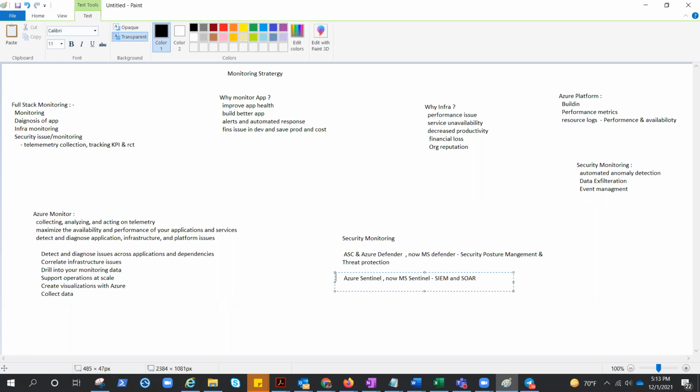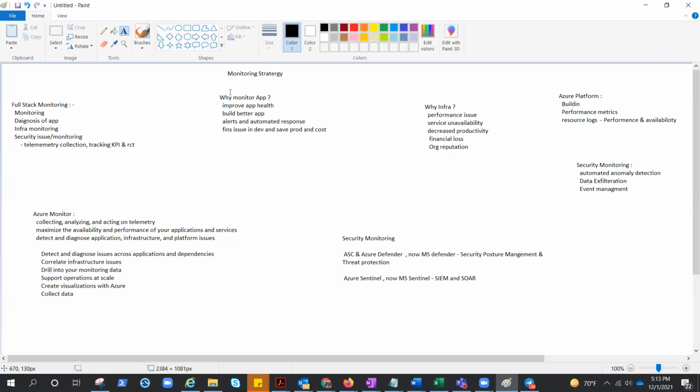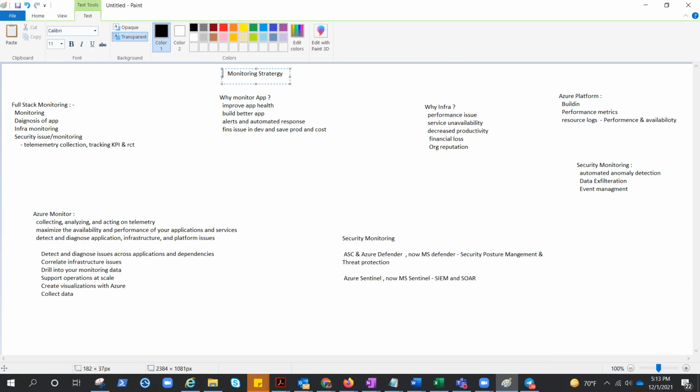Well, that's all about monitoring strategy, but this is not all, to be honest. We'll be creating a few videos on the monitoring strategy as well. This was just the high level overview of full stack monitoring: performance, availability, security, platform, a lot of things that come under a holistic monitoring strategy, right?